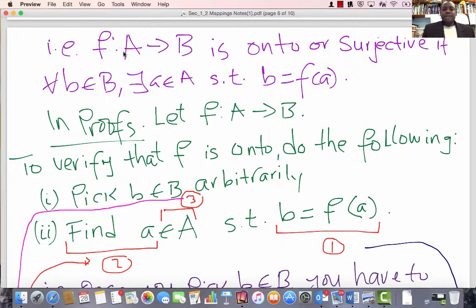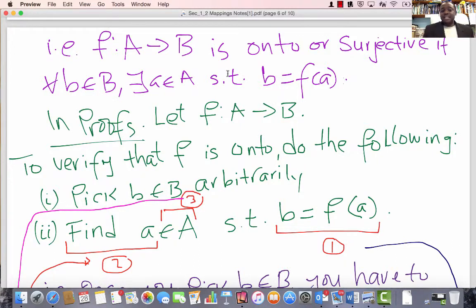If f from A to B is a mapping, where A and B are non-empty sets, then we say that f is onto or surjective if for every b in B, there exists an a in A such that b equals f of a.